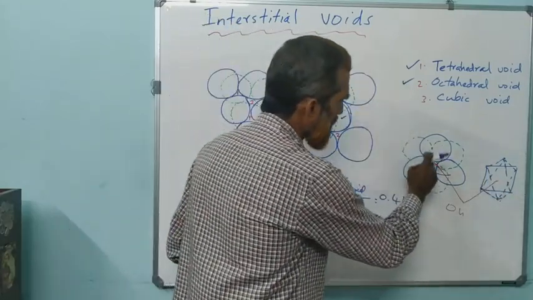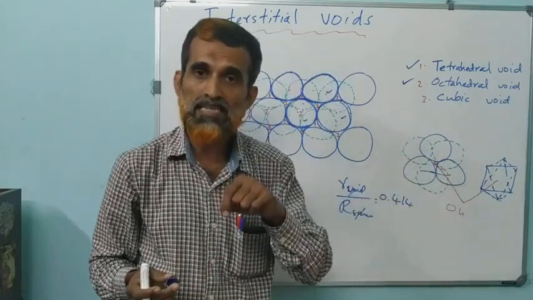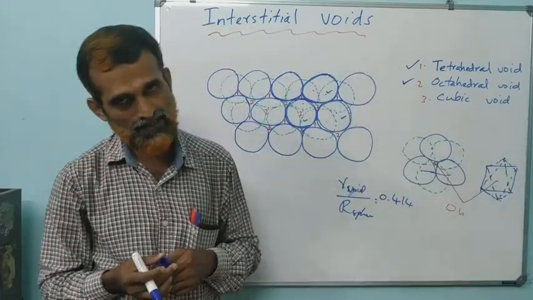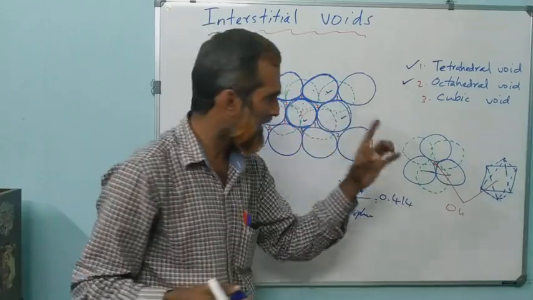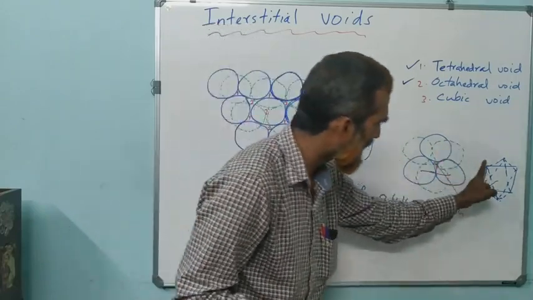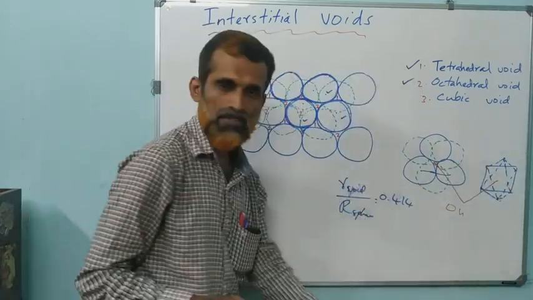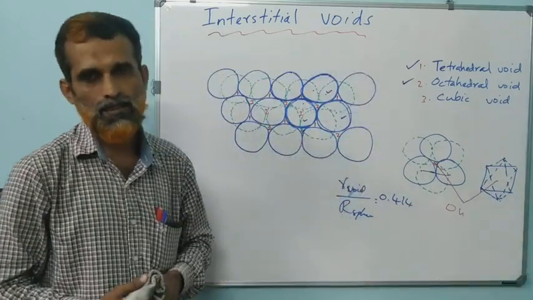I repeat, the octahedral void is a vacant space at the center of 6 touching spheres whose centers lie at the corners of a regular octahedron, and this is the radius ratio. So the octahedral void is bigger than the tetrahedral void.